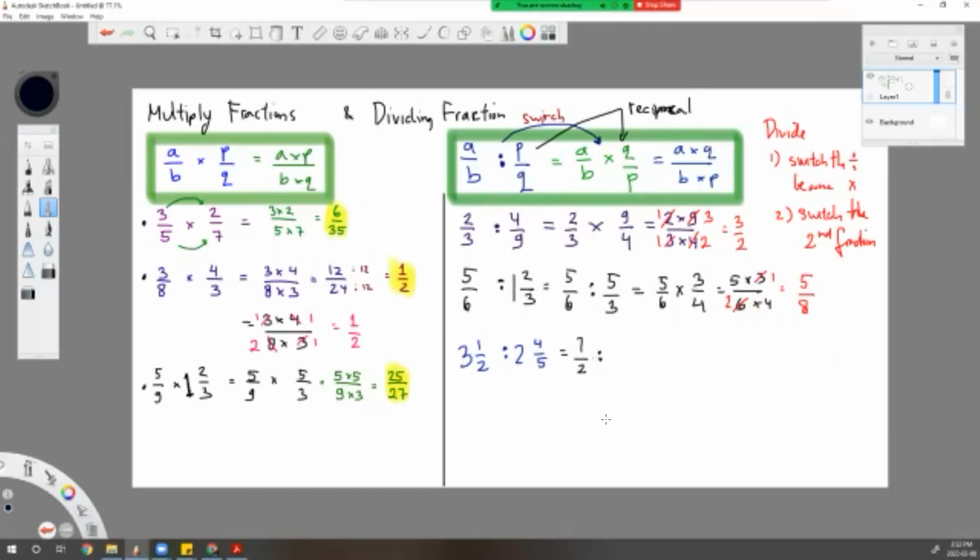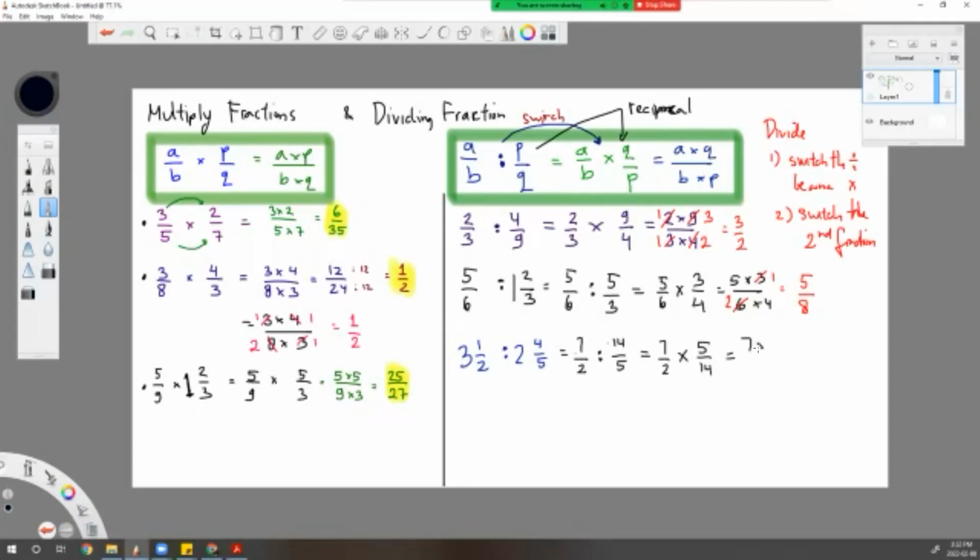Because I just changed the mixed fraction into an improper fraction. 5 times 2 is 10, 10 plus 4 is 14 over 5. Okay, so what next? 7 over 2, the first fraction unchanged. You switch the division, become multiplication. 5 over 14, you switch the second fraction.